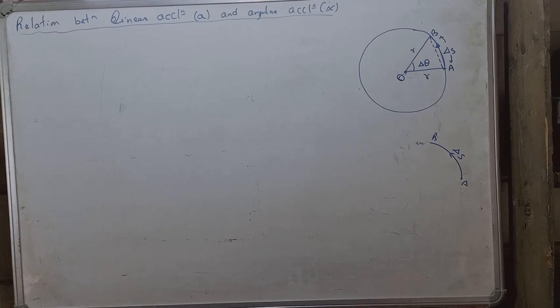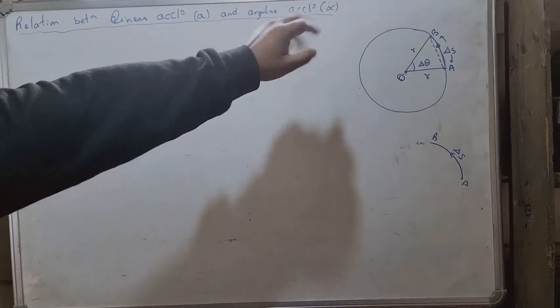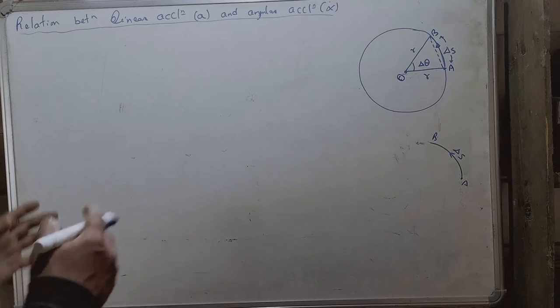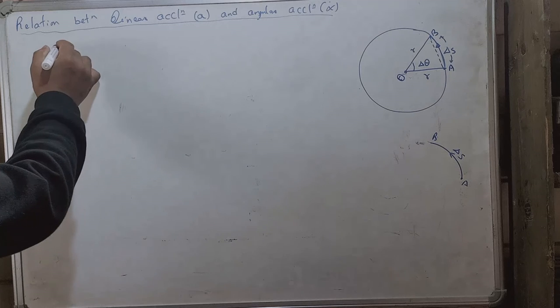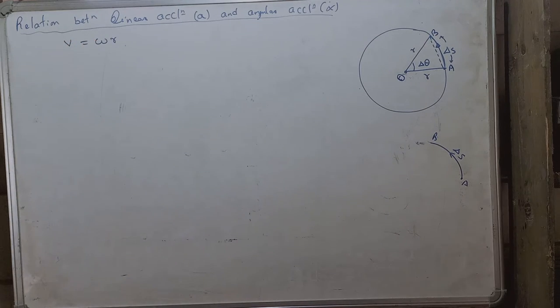A relation between linear acceleration, that is small a, and angular acceleration, that is alpha. Okay, so we have seen before the relation between the linear velocity and the angular velocity, which is given as v equals omega r. Right?